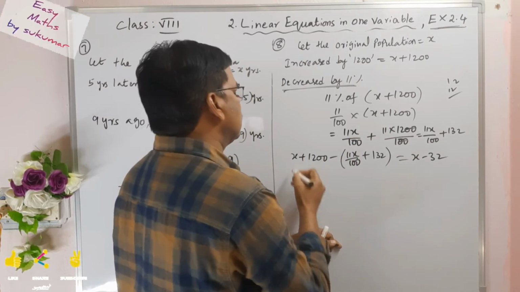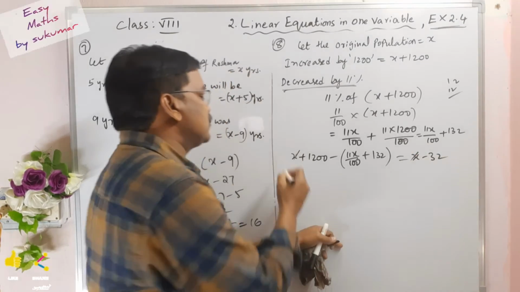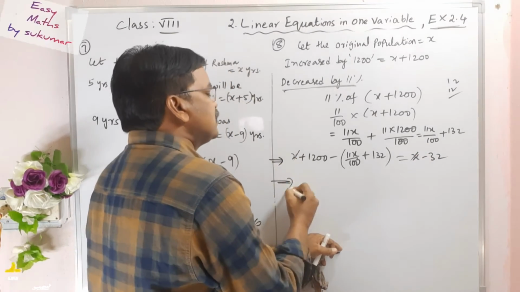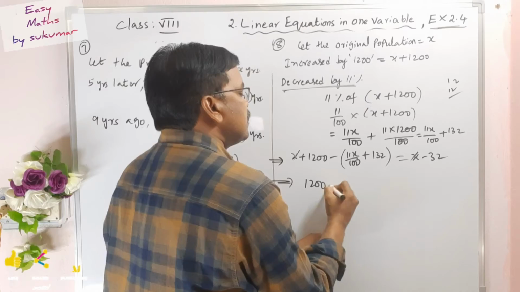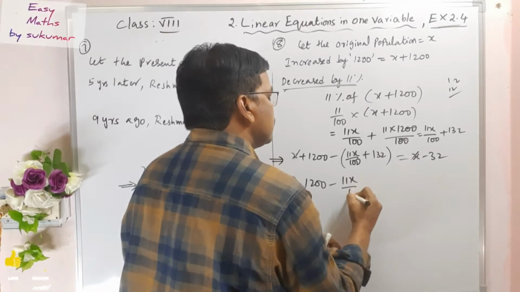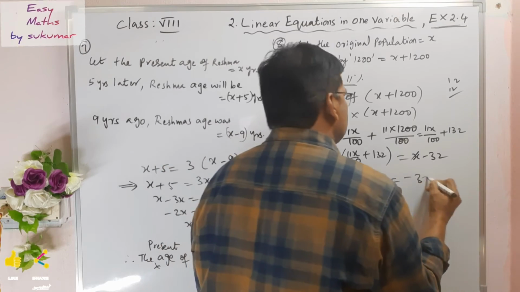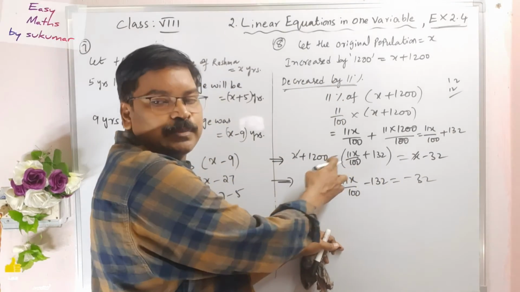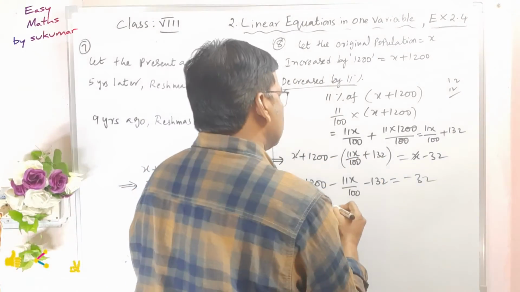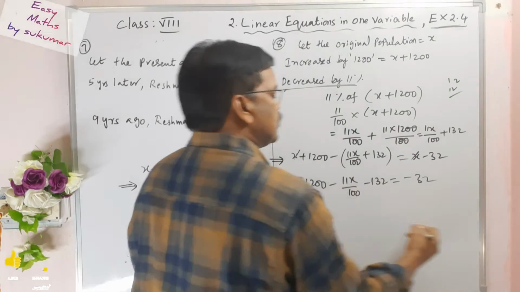So here, my dear students, now you can cancel this x and x on both sides. So this implies 1200 minus 11x by 100 minus 132 is equal to minus 32. Now here 1200 minus 132.